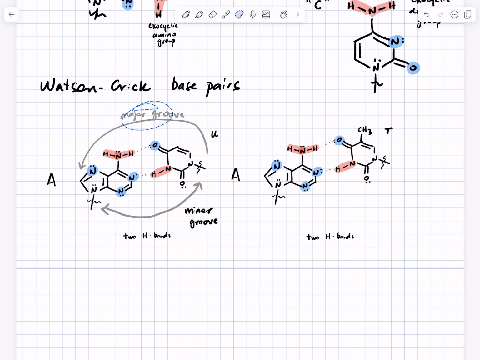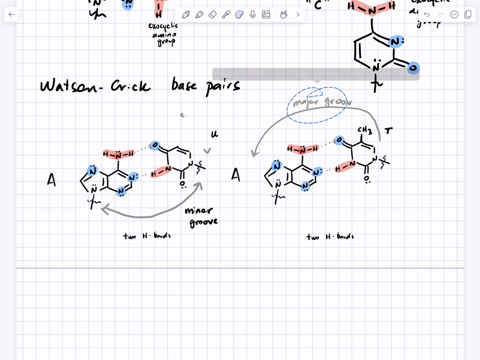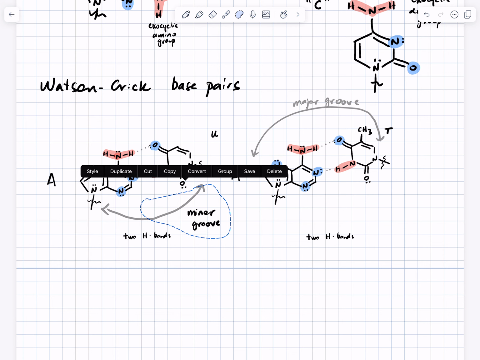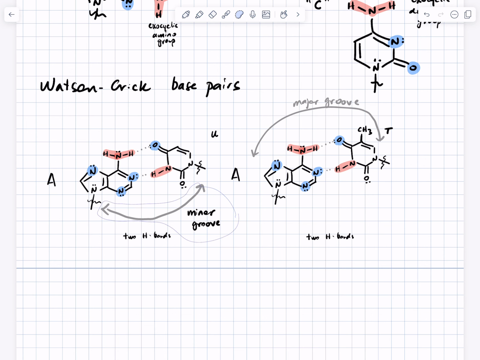Some of you maybe are going to be uncomfortable with that because DNA is double-stranded, but RNA is not. So I'll put the major and minor groove stuff over by the DNA. Maybe I lost the E in groove. Okay. Man, struggling today. Okay. Questions about the AT base pair?